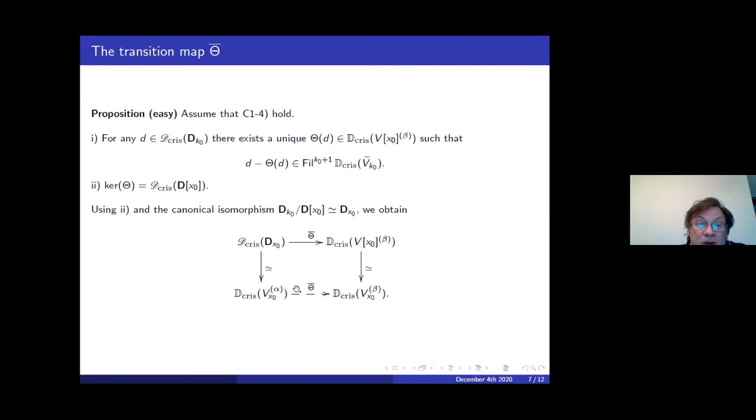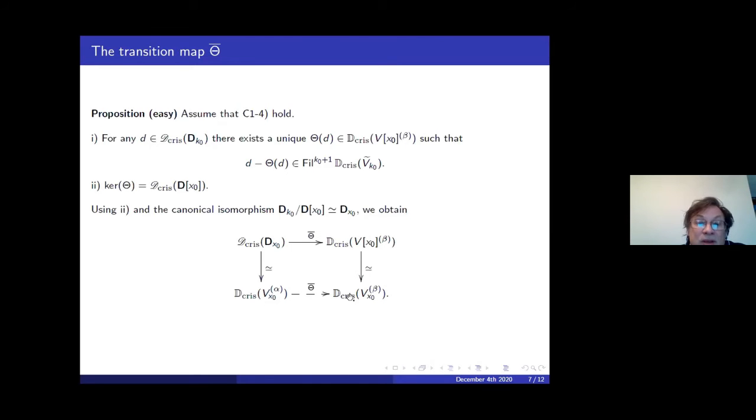So because this crystalline module is the crystalline module of a direct summand V x0 alpha, and by the same reason the crystalline module of V x0 beta is isomorphic tautologically to the crystalline module of V x0 beta.